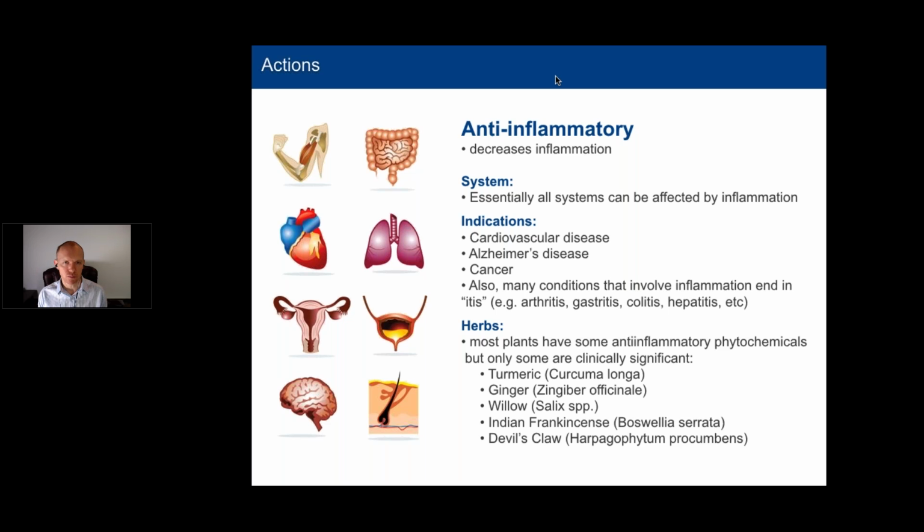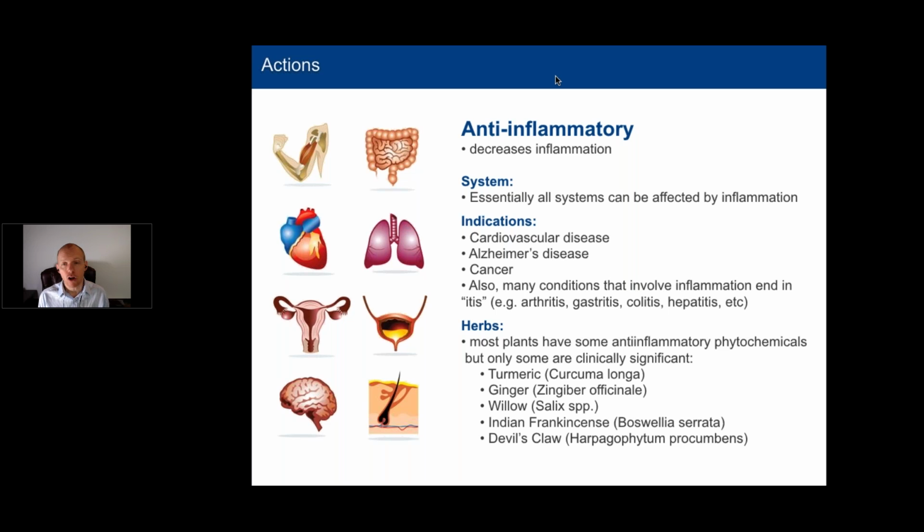There are other mechanisms that you can decrease inflammation in the body. What I like about the herbs is that many of these herbs can decrease inflammation, but they target not only the COX-2 enzyme in the body, there are other places that they can target in the body, and I'll show you this in a second. And so the benefit of a lot of these is that many of them decrease inflammation, and you can use them for conditions like cardiovascular disease.